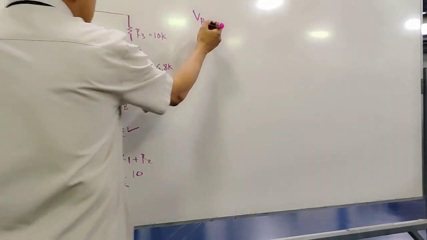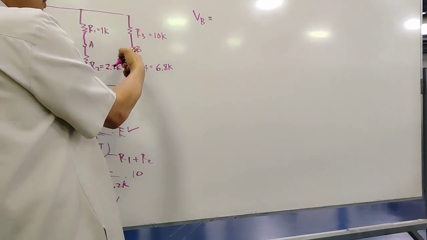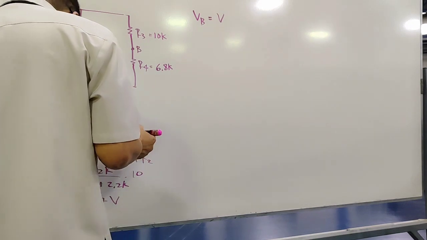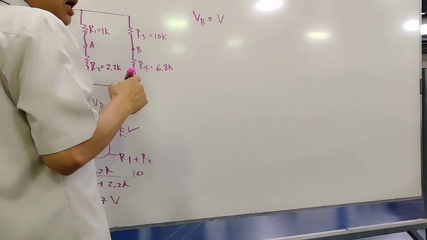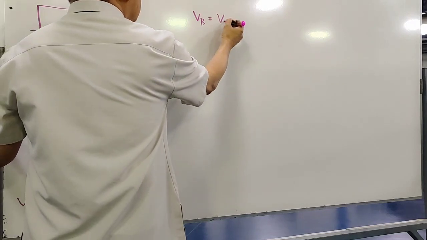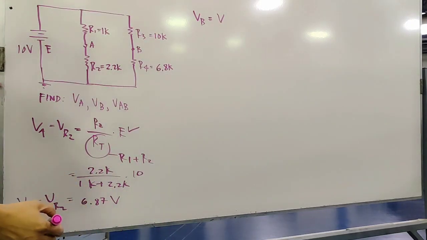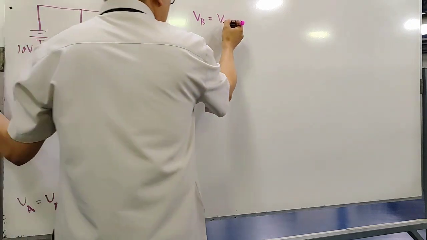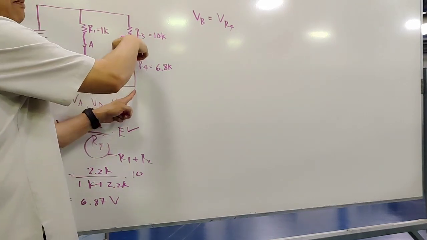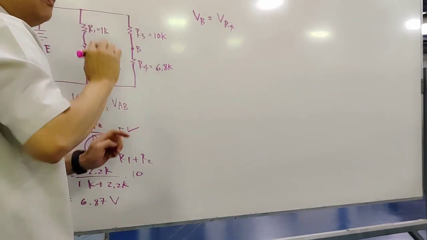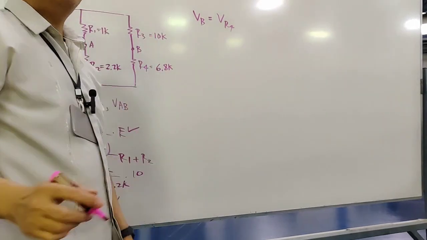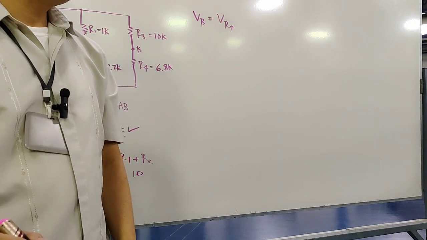VB is also the same as VR4, measured from ground. VB is the same as VR4.